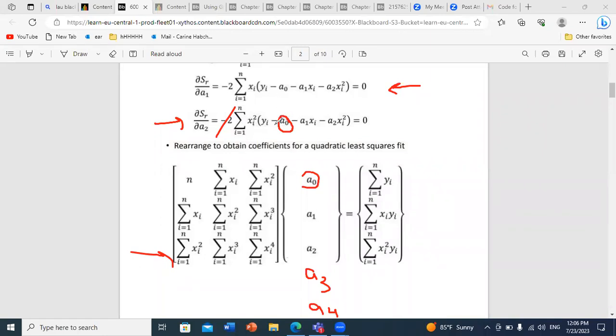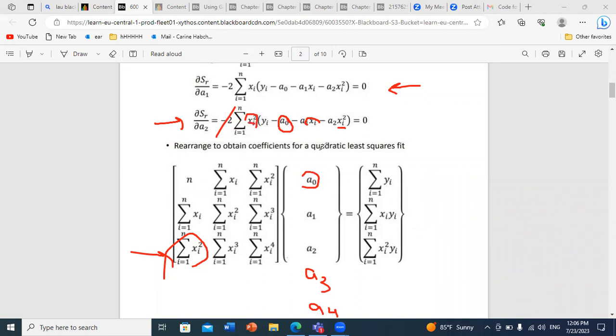Also the minus, we can take it outside. So you have the summation of xi squared multiplying a0. For a1 you have xi times xi squared, so it's xi cubed, and for a2 it's the summation of xi to the 4, which is xi squared times xi squared.